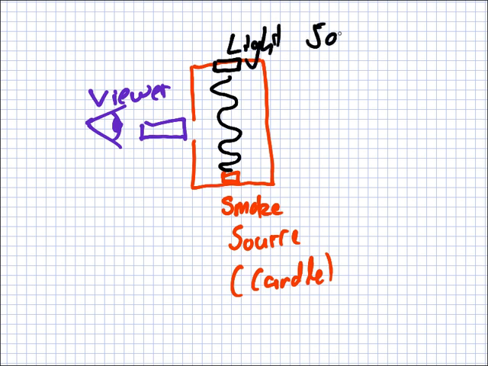Something like this. So it's a very simple experiment. All you're really doing is looking through. It's not quite a microscope. It could be a microscope. Maybe it's more like a magnifying glass. Maybe it lets you see things 10 times bigger. Okay. What you're doing is you're looking at the smoke particles.